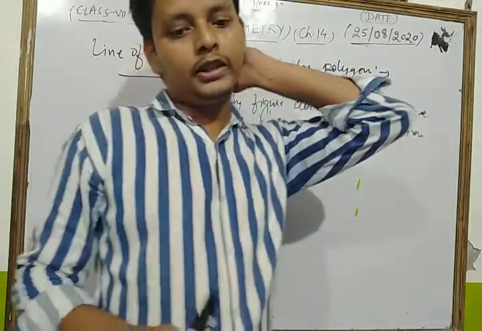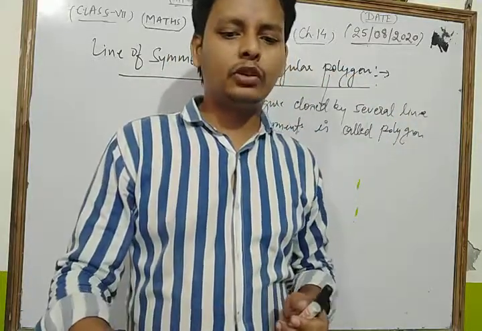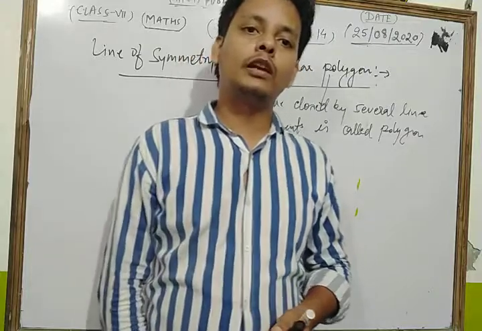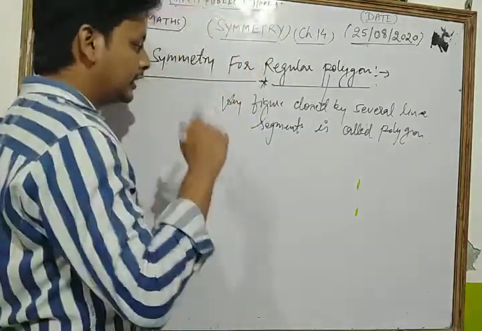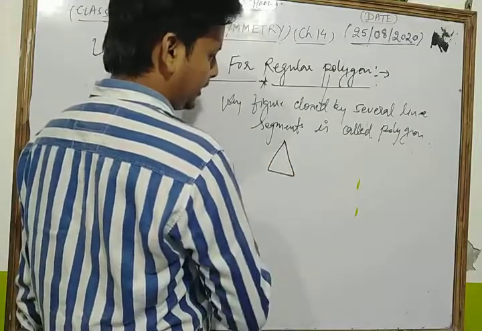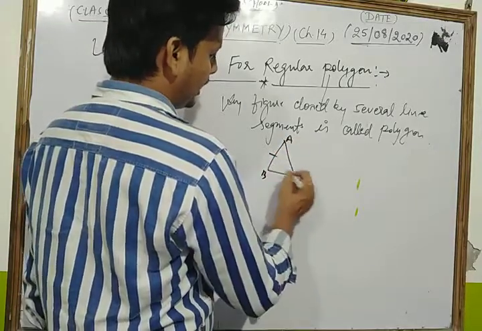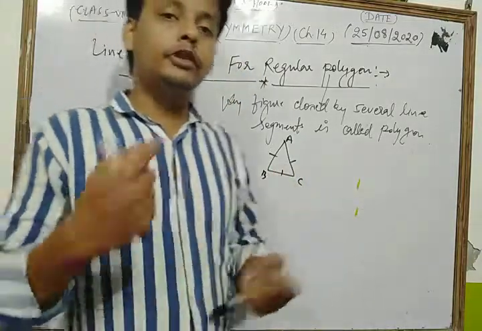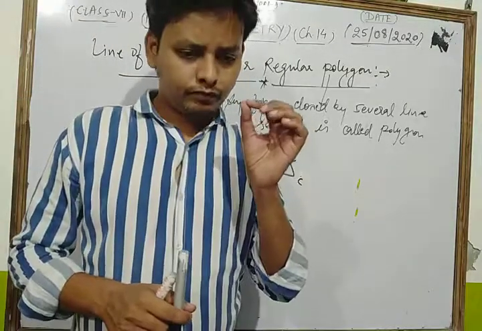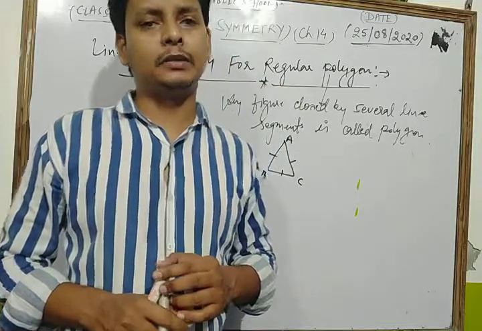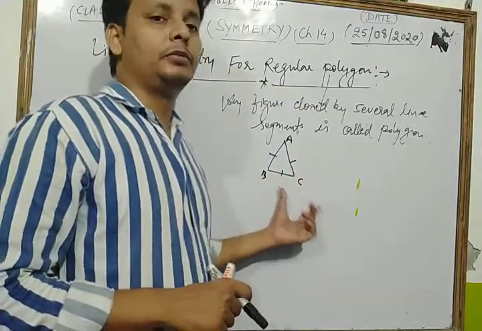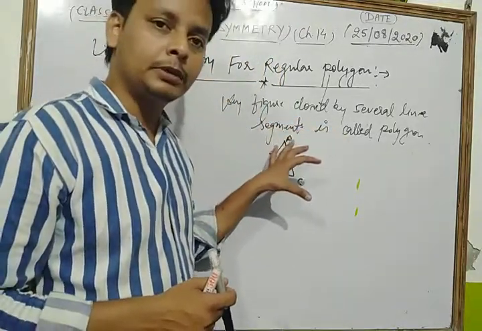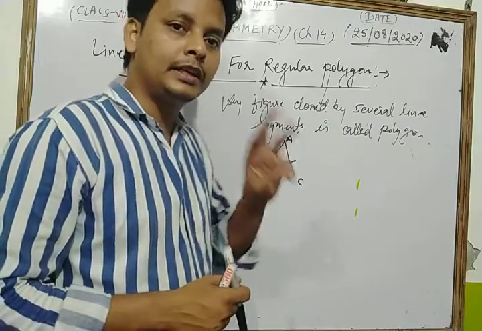The polygon made up of the least number of line segments is the triangle. Which polygon has the least number of line segments? Triangle, because a triangle has only 3 line segments. A triangle is a closed figure bounded by 3 line segments.